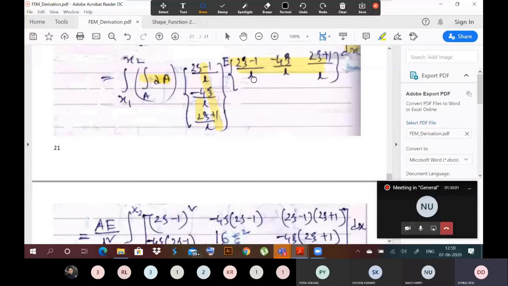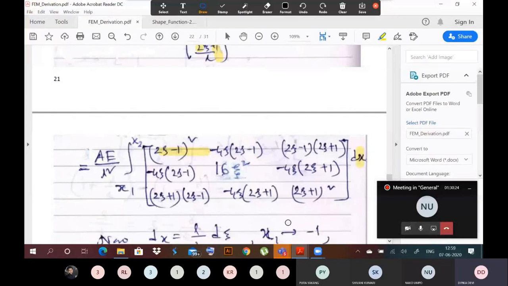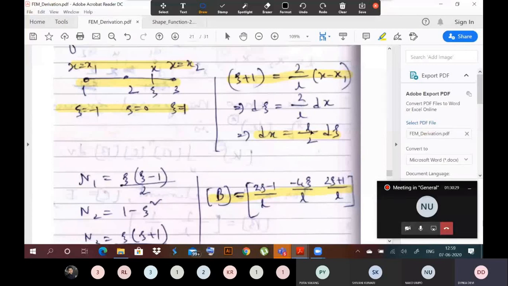But these terms are in terms of xi and our integration is in terms of dx. So this dx we have to convert in terms of d xi using this expression: dx is equal to L by 2 d xi. When x is equal to x1, xi is equal to -1. When x is equal to x2, xi is equal to 1. So your limit will be from -1 to +1 and dx will be equal to L by 2 d xi.